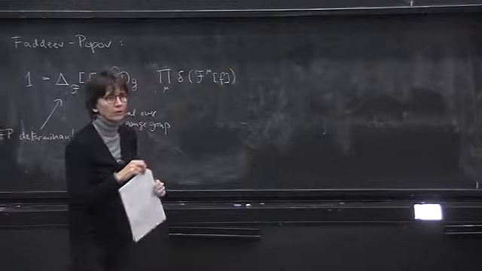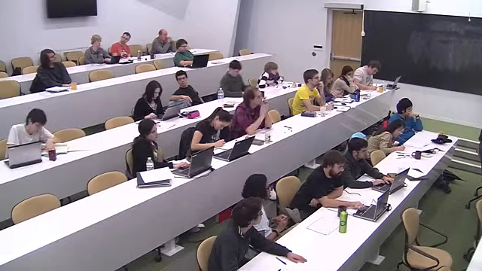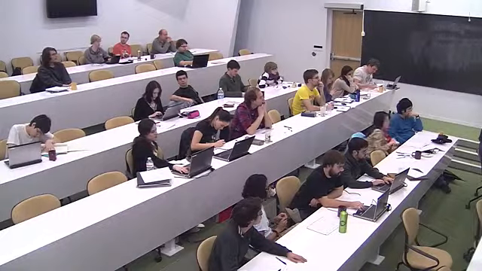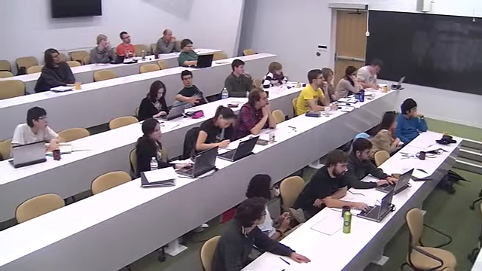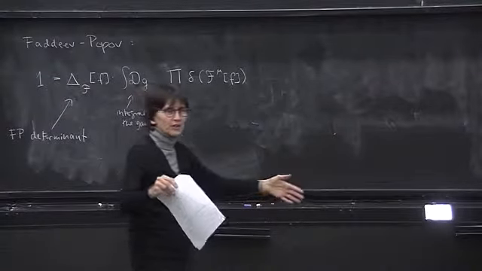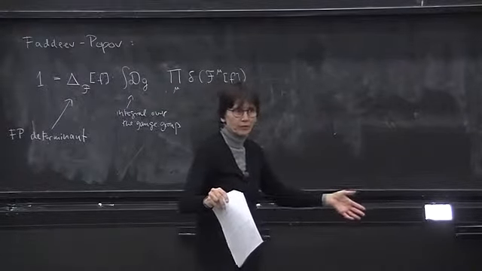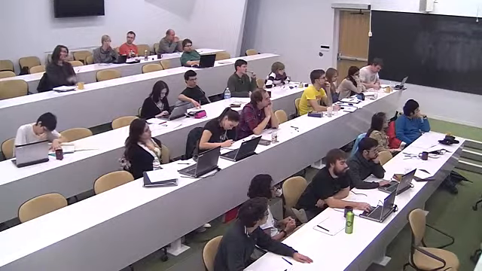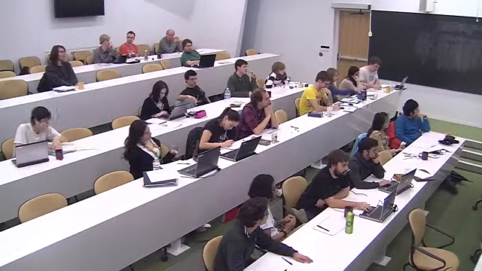Yes? Why do you take the linearized diffeomorphisms and not the full set of diffeomorphisms? Yeah, well, this is what the diffeomorphisms boil down to when I consider the linearized approximation of the theory. Yes. Kind of, it matches.